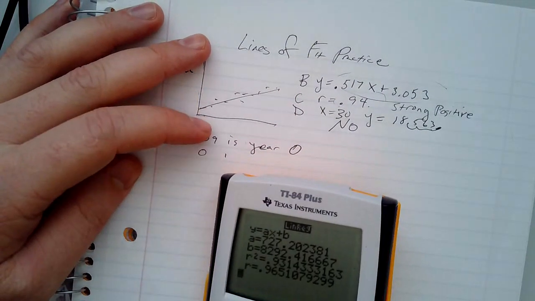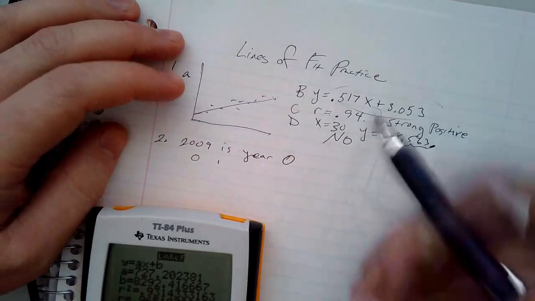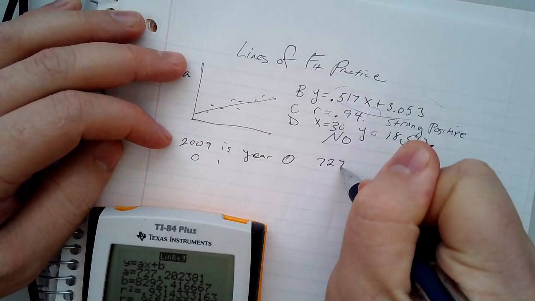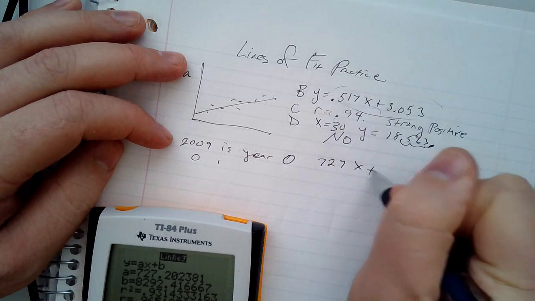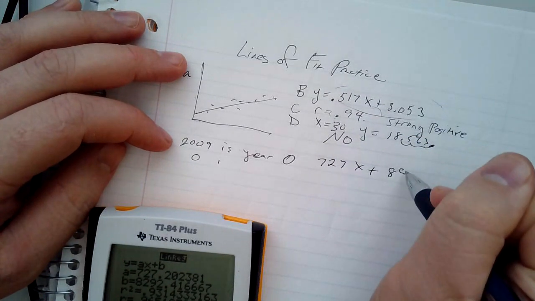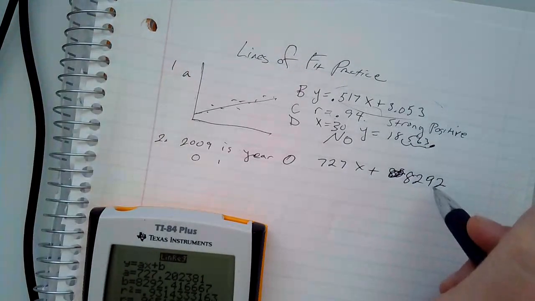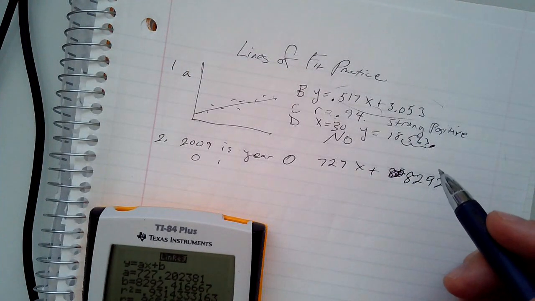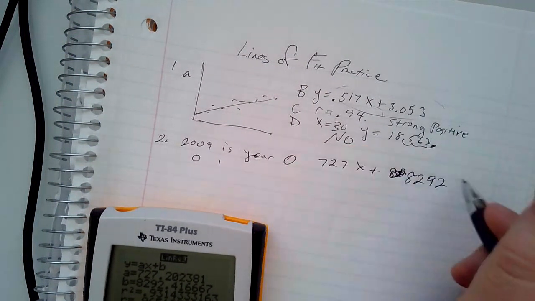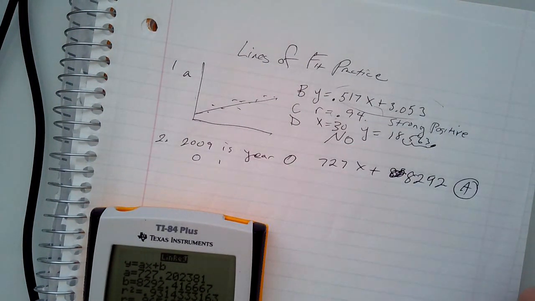So which one does that line up with? It's roughly 727x plus 8292. So we're looking for basically that, which is A.